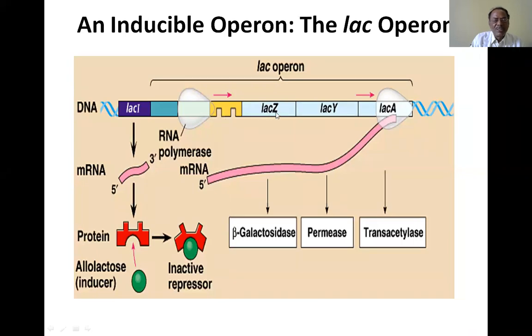We also studied the structural genes, that is, the proteins supposed to be expressed and synthesized. There are three in the lac operon concept: LAC-Z, LAC-Y, and LAC-A. All the three genes in total are controlled by controlling areas.